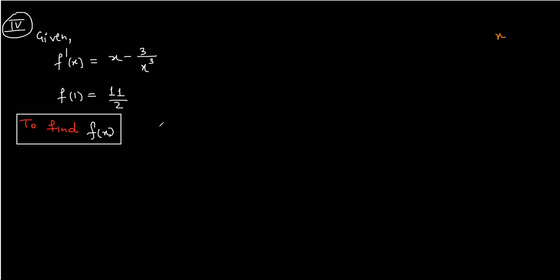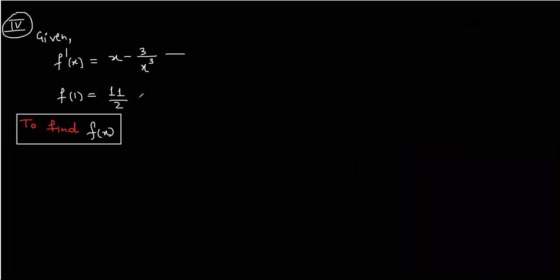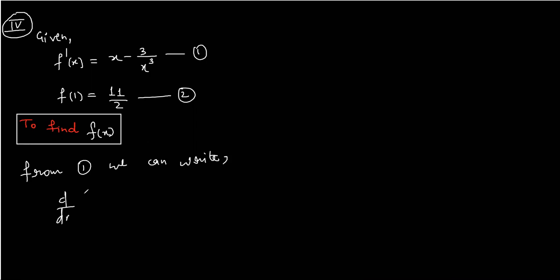So here I write, see, this is 1 for me and this is 2. From 1 we can write d by dx of f of x equals x minus 3 upon x cube. What did I do, students? Nothing.